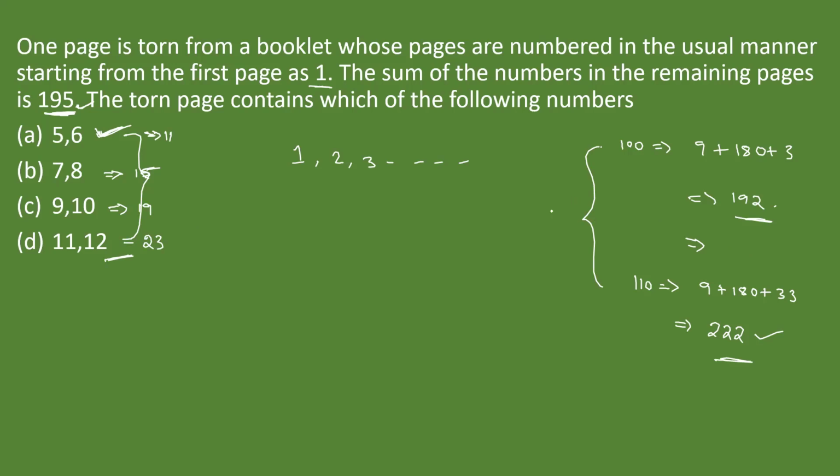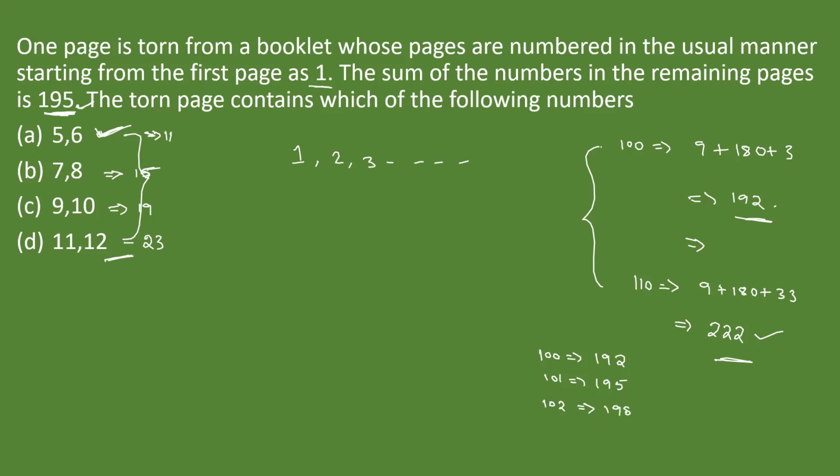Now we will try to assume a few page numbers and try to solve it. For example, for 100 pages, what is the number I got here? 192. For 101 pages, it becomes 195. Why? Because 3 more digits will be added, right? Based on this analysis, I am writing this. Did you get my point?